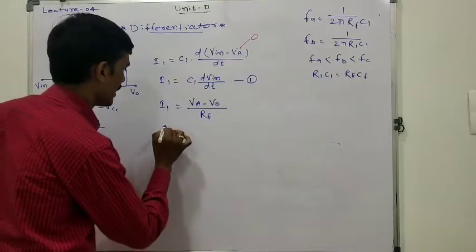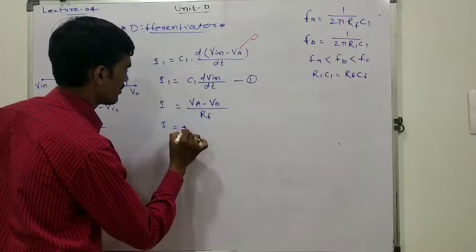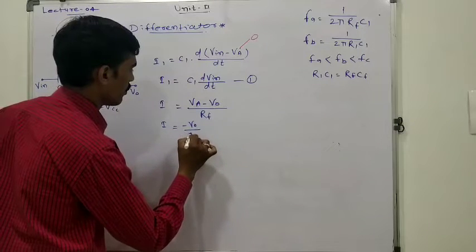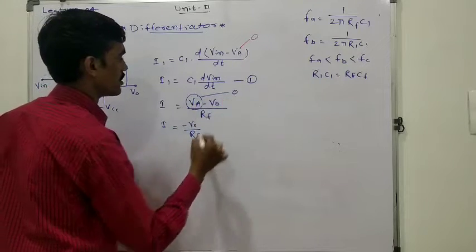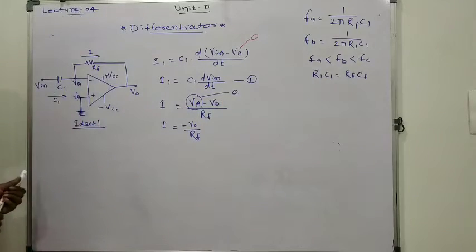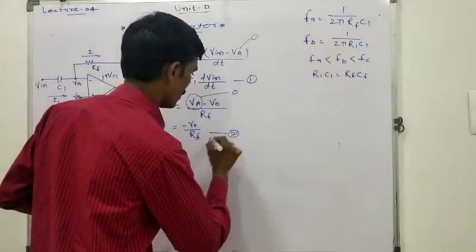So we can write I is equal to minus VO by RF, as Va is equal to 0, which we are assuming. This is equation number 2.